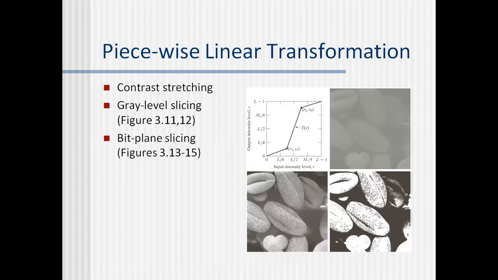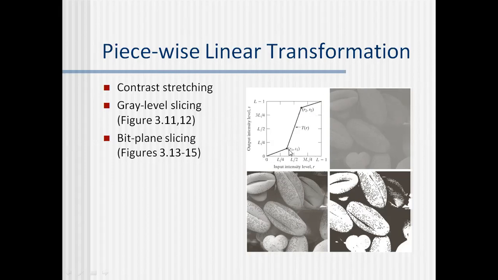Next one is piecewise linear transformation. This is based on the earlier session on gray level transformation. In this, each and every block, piece, sub image or section, we can transform individually. So gray level slicing means this should be (r1, s1), input pixel and output pixel, and this should be (r2, s2).